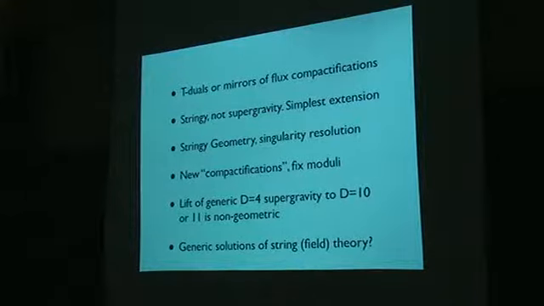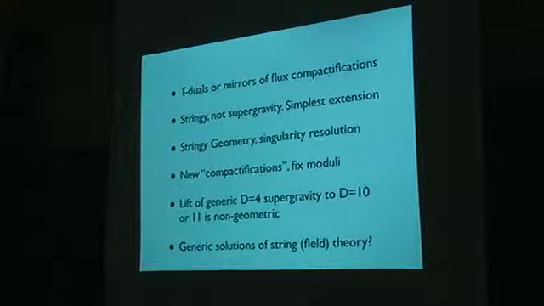And in fact, the list of generic four-dimensional supergravities to 10 or 11 dimensions is intrinsically non-geometric. Only special ones arise from geometric compactification of higher dimensional supergravity. So the embedding of generic supergravities in string theory will require these kinds of compactifications.